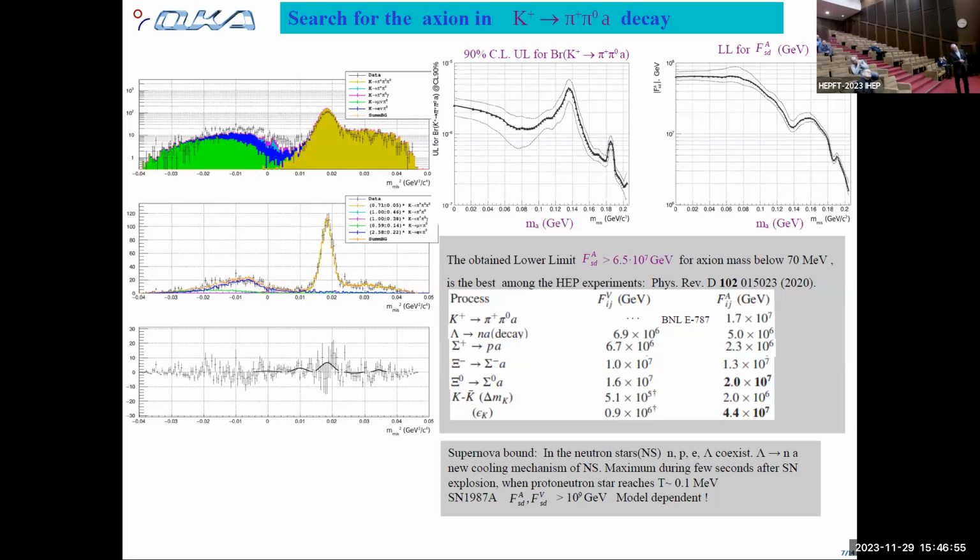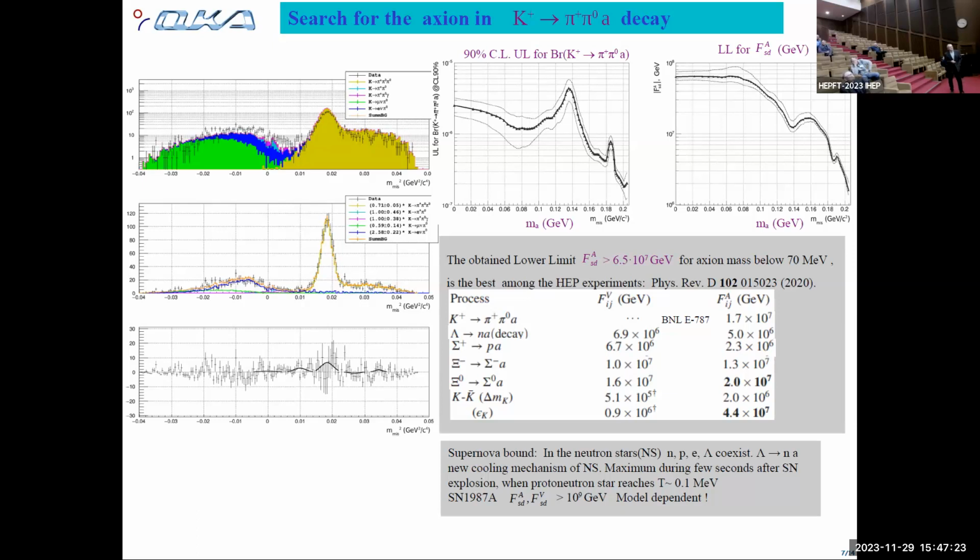It's mainly in the non-physical region. You see here is negative missing mass squared, but still it has a tail to the positive region, and for example, it affects the limit for zero mass of axion. So you see that there is no extra signal, at least strong one.